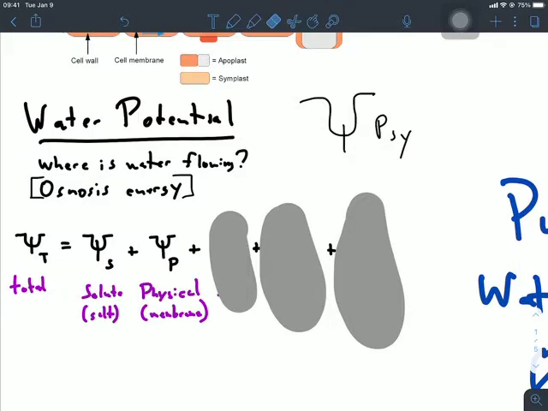Next up, we've got the energy that gravity imparts upon water, a psi G term. Gravity obviously has an impact on the flow of water. It will allow rivers to flow downhill, and it'll also prevent how high water can go in a tree. As we'll discuss today, there is a physical limit of the ability of plants to pull water high up above the ground.